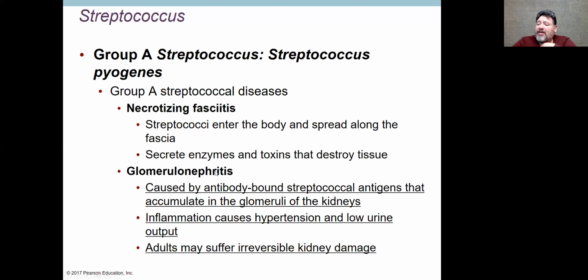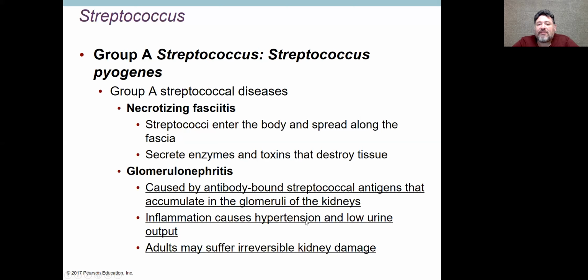In the glomerulus, okay, we're talking about the nephron of the kidney. If you end up with antibody and antigen complexes, we covered this last week, okay, then those complexes can accumulate in the glomerulus of the kidneys and carry out what's called glomerulonephritis, okay? It causes inflammation.